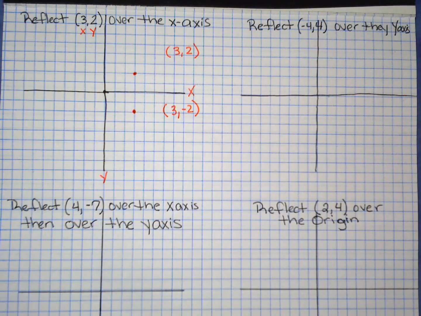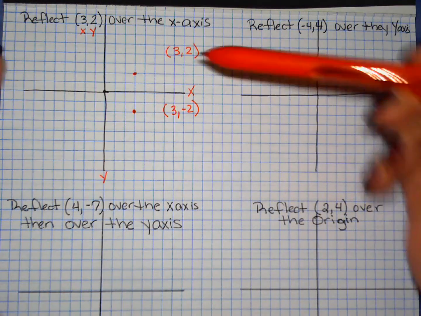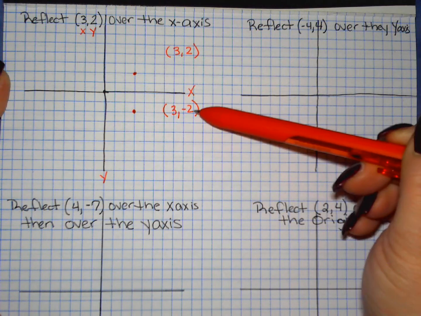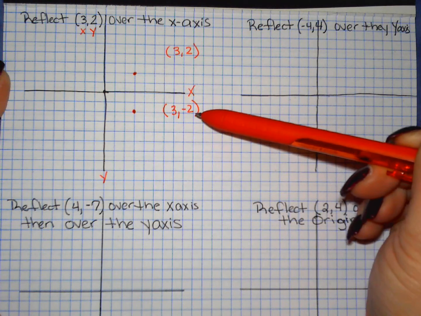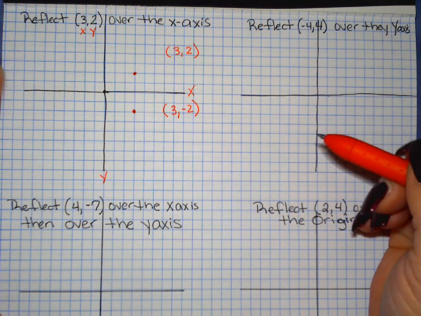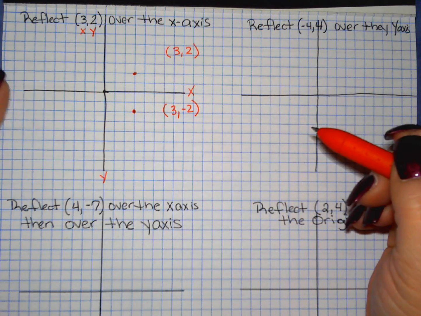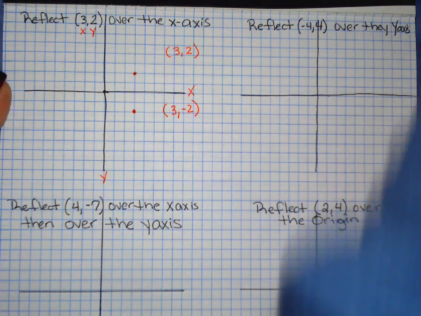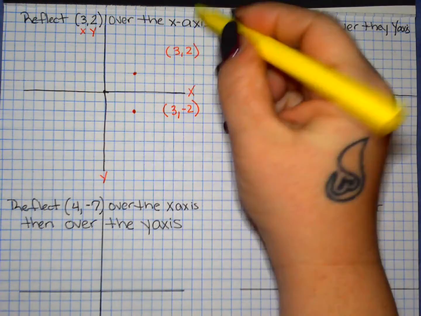All right, so now look at those 2 ordered pairs that we worked with, 3, 2, and 3, -2. We reflected over the x. And because we reflected over the x, you're going to notice that the x's did not change. See, they're the same.